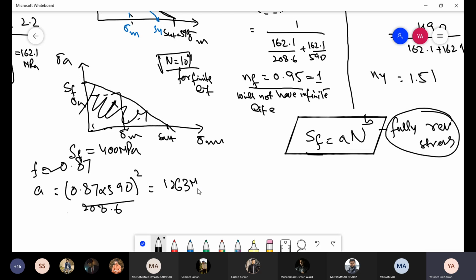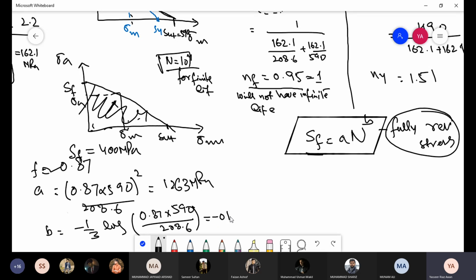That gives you 1263 megapascal, and B is minus 1/3 log of 0.87 into SUT, that is 590, divided by SE, that is minus 0.134.